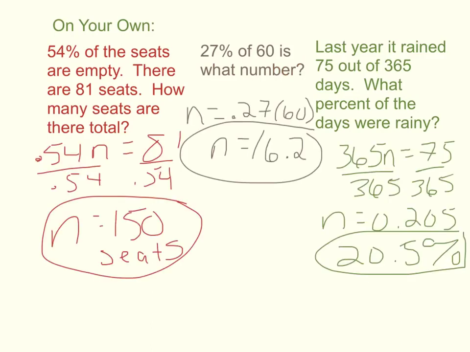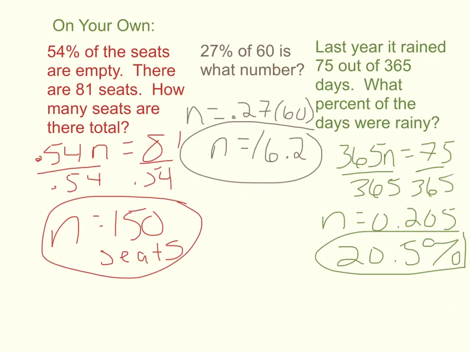After setting up my equation in the first problem, I just need to divide both sides by 54 hundredths, and I get that there are 150 seats. If you notice, I had 54%, and I turned that into 54 hundredths before I solved my equation.